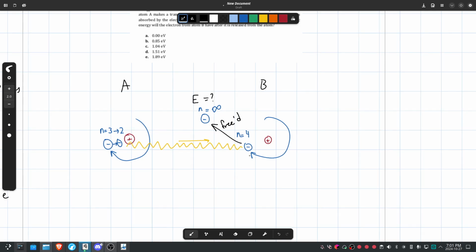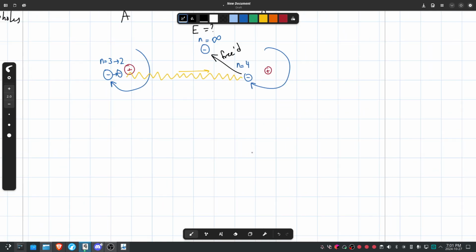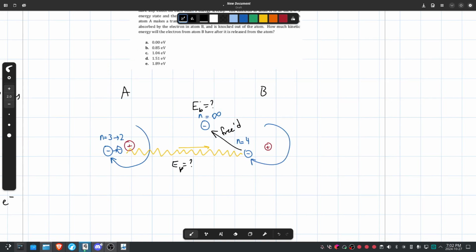So this electron is freed. Okay, so first of all, we need to know the energy of the photon. We don't know the energy of the photon. Let's call this energy B, so this is B after. What's happening here is that the electron has some energy, and it's absorbing the photon's energy.